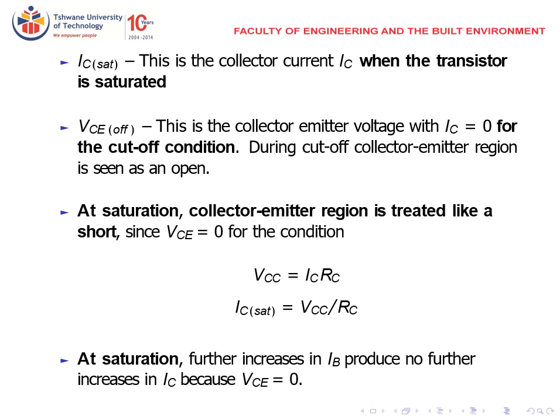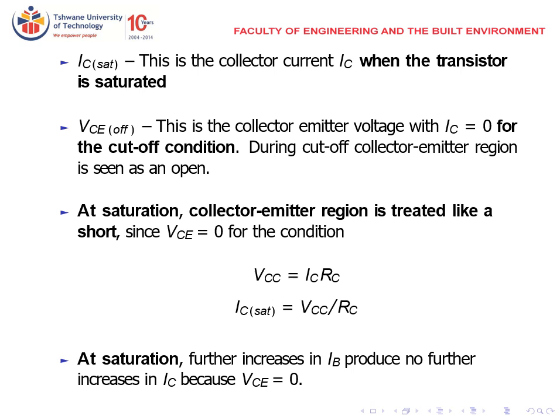The saturation current IC is the collector current when the transistor is saturated. VCE cutoff is the collector emitter voltage when IC is equal to 0 for the cutoff condition. During cutoff, the collector emitter region is seen as an open.